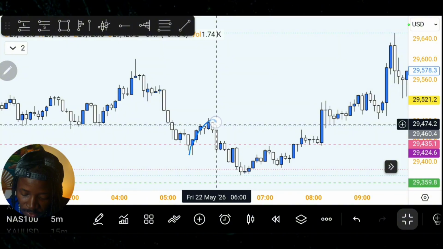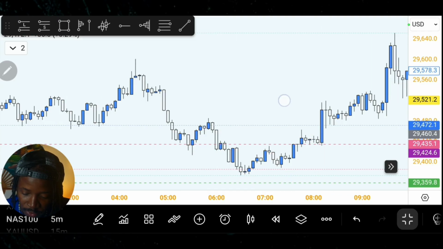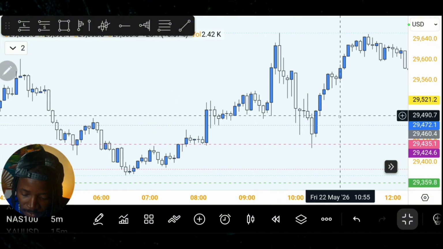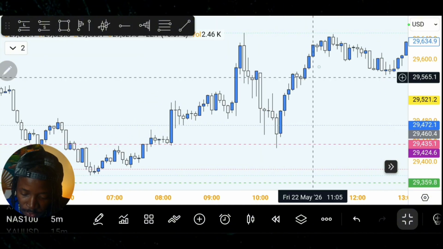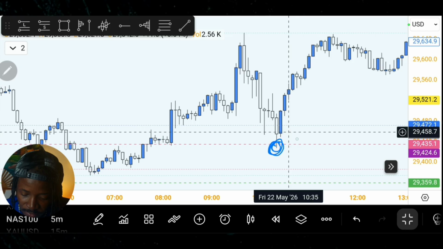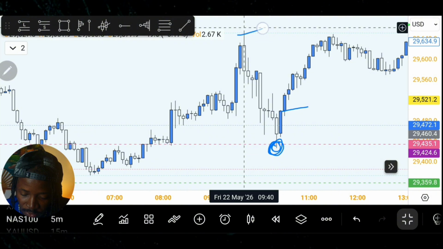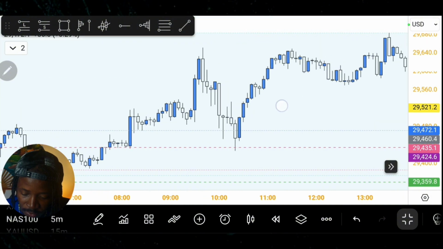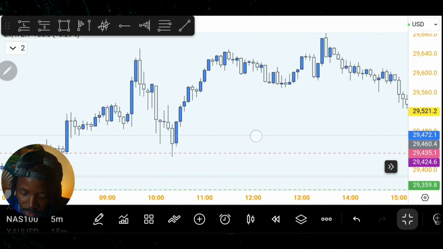So if you've taken it there, it would have broken back under before it finally broke out again and tested and started going back up, as you can see. There was a test here again, but there was no manipulation candle. But then it went back at least to this level.